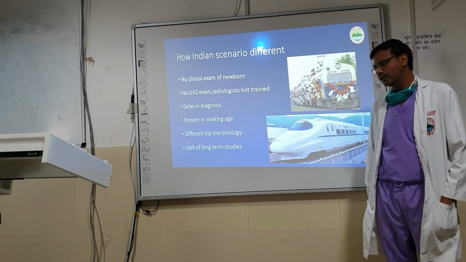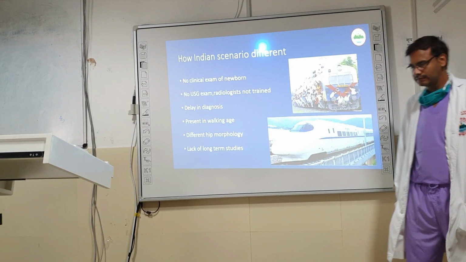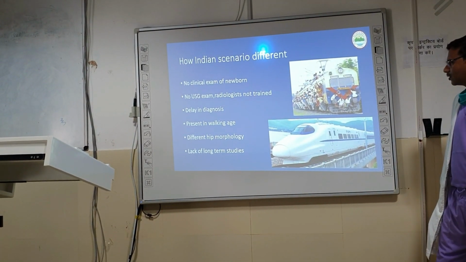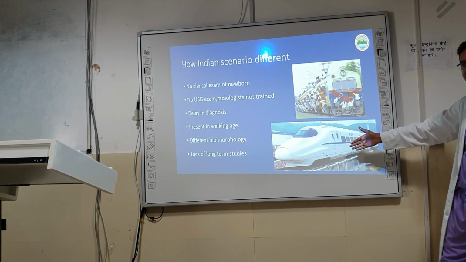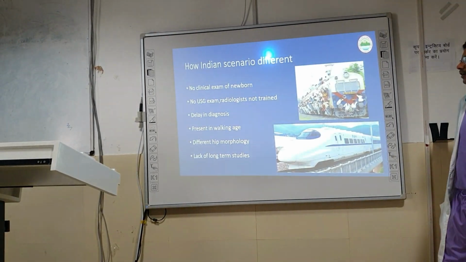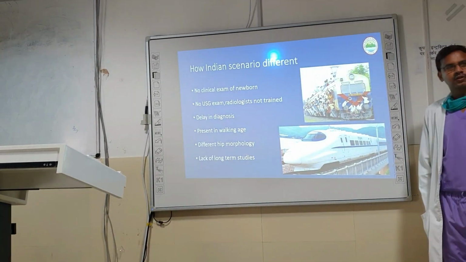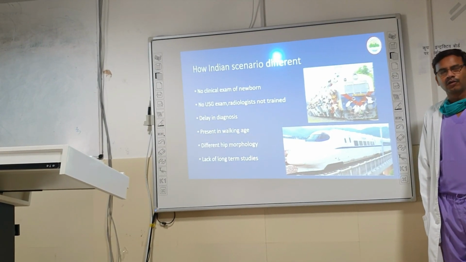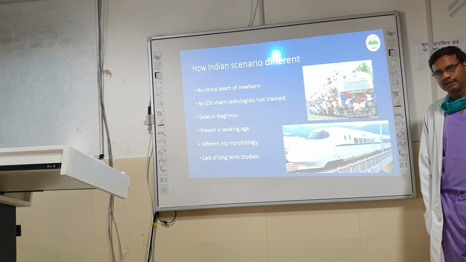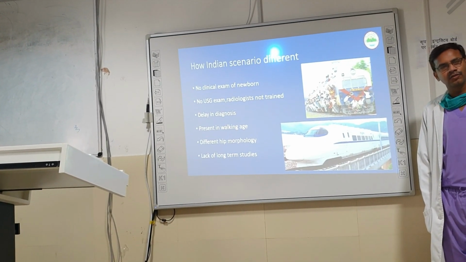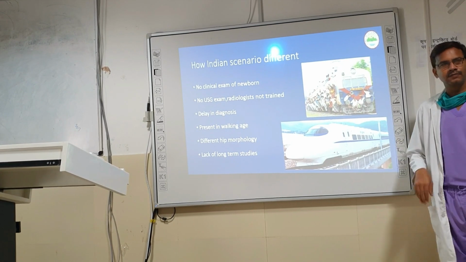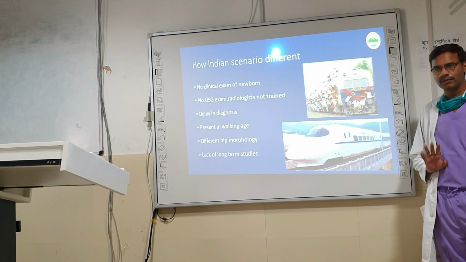Now, how is the Indian scenario different? There is no clinical examination of the newborn. Obstetricians are not trained in examining a hip. Pediatricians also, 95% of the time, are not trained in examination of the hip.